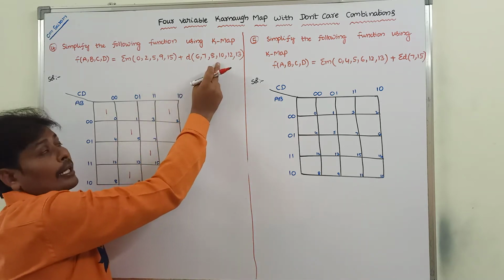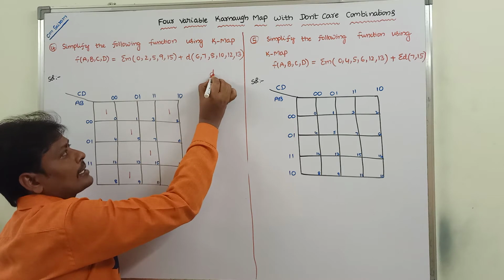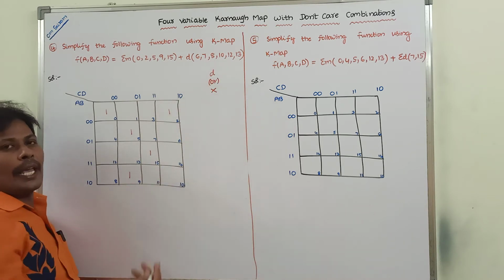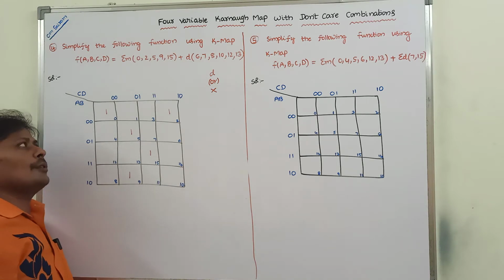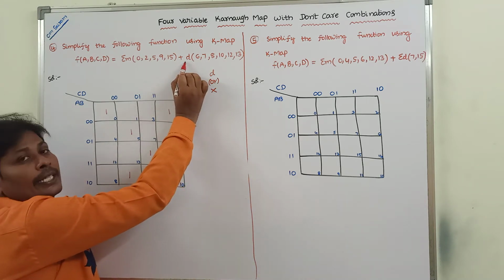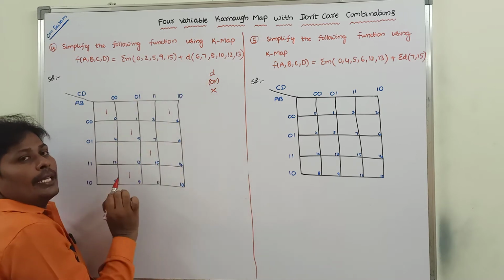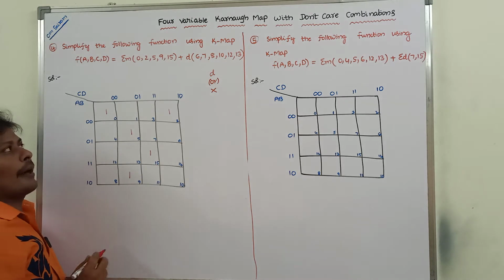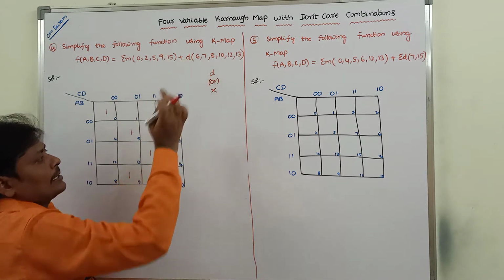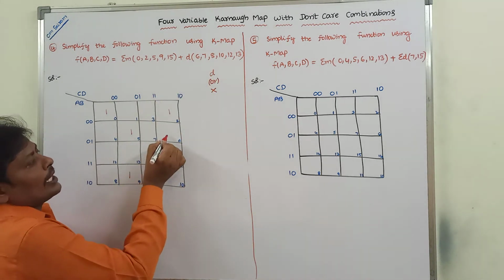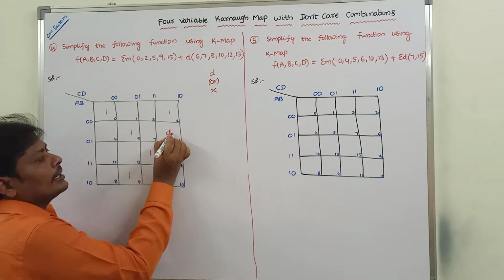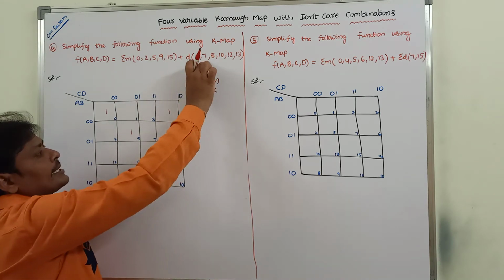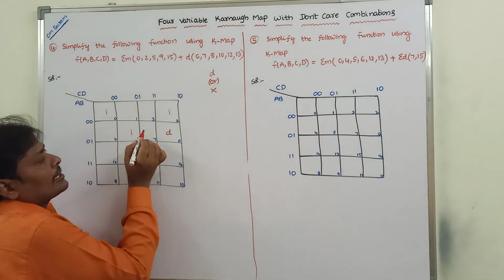Next, here don't cares are there. Don't care can be written as either D or cross mark. We can use any one, no problem at all. Already I am using D here, so the same D is also used for don't care combinations in the 4 variable Karnaugh map. First one, don't care 6. The corresponding cell is this one. I am inserting D. D or cross mark, both are same. Next one, 7. The corresponding cell is this one.